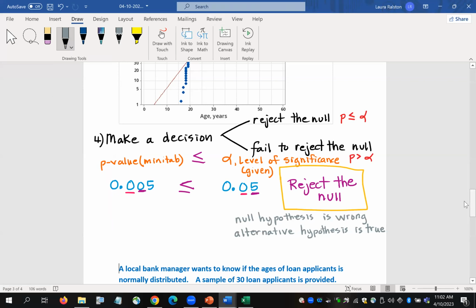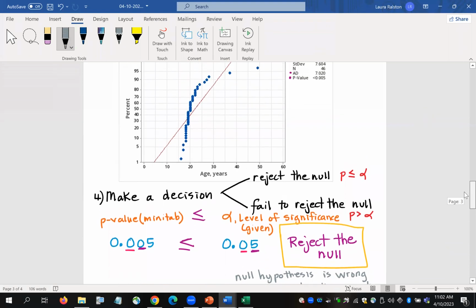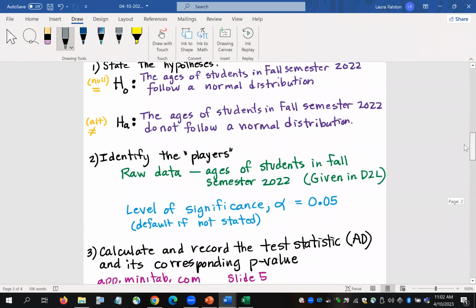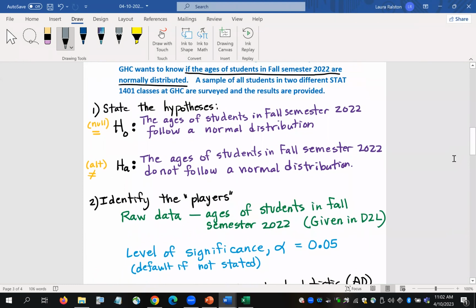So I'm going to go back up here. We decided we were going to reject the null. If we reject the null, that means the null is false. And by default, then the alternative is true.